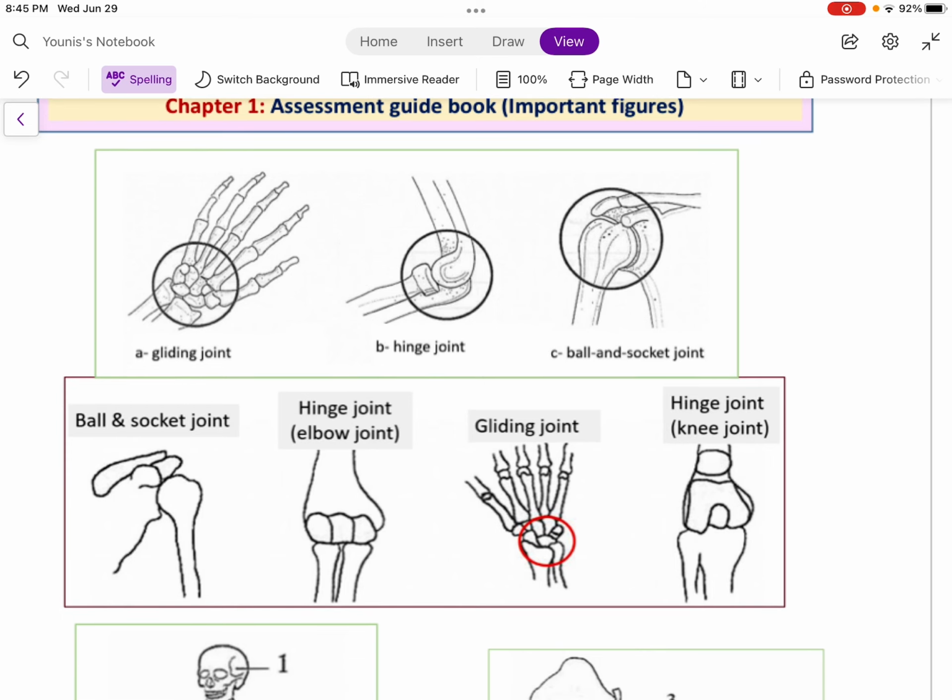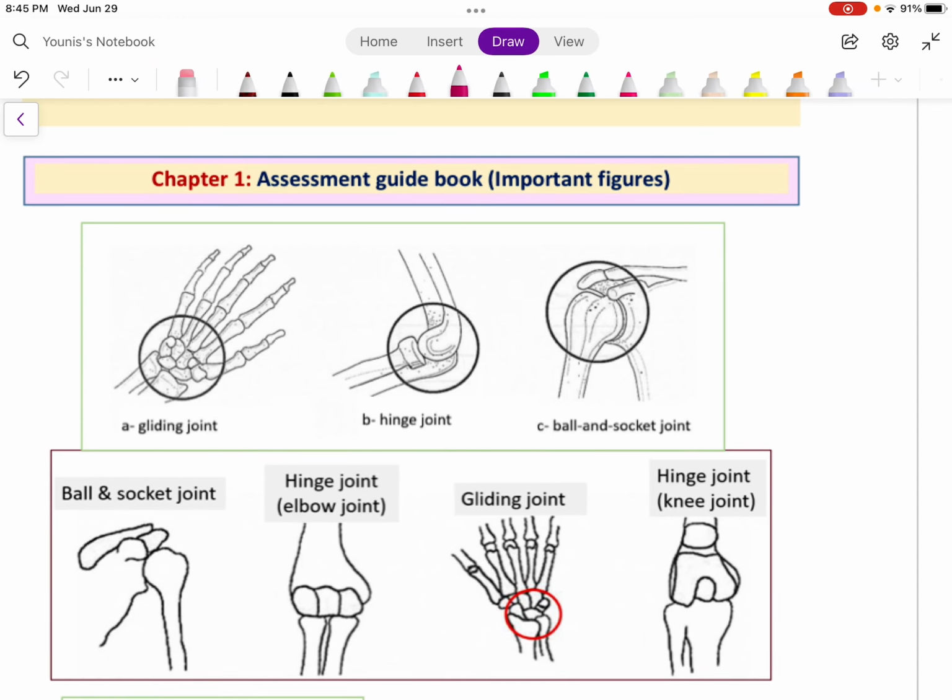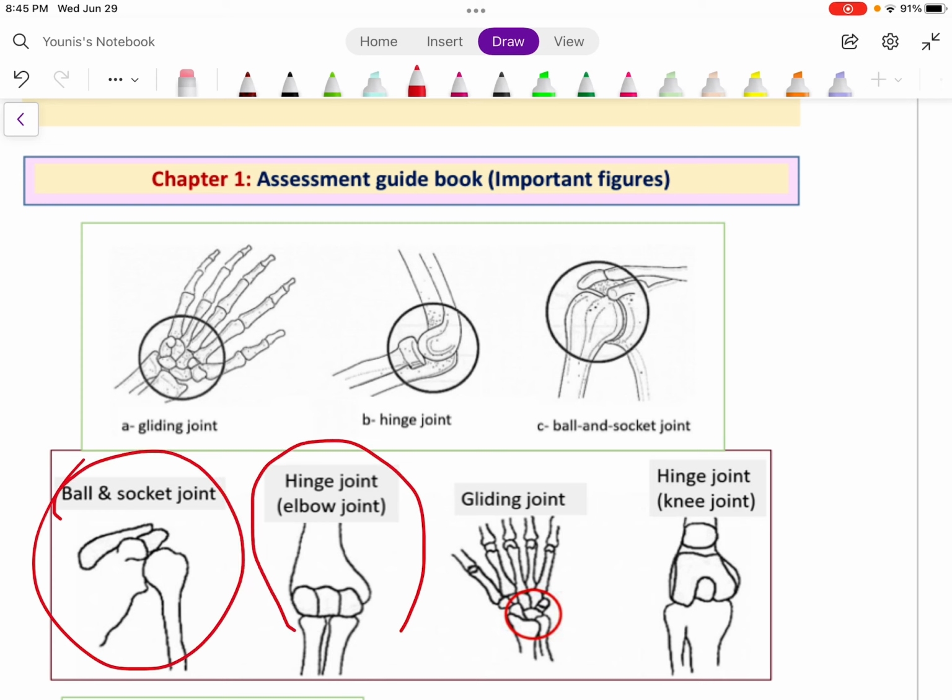You see, for example, this one is a ball and socket joint. Okay, let me just label them. I'm talking about this one, ball and socket. Sorry, this one is hinge, like the joint of the knee. This one is located at the base of the thumb.